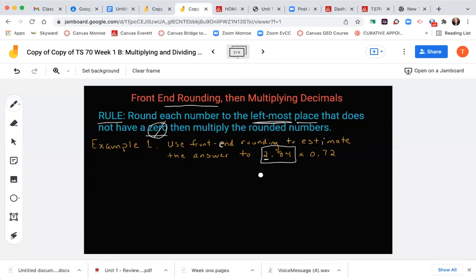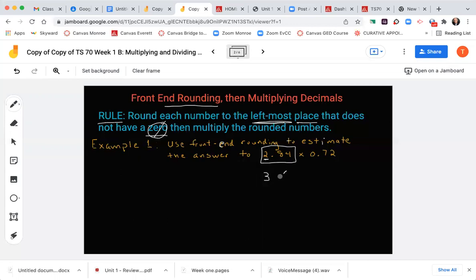So step 1 when you're rounding is always to underline the place you're rounding to. Step 2 is to look at the number to the right, which is an 8, and ask yourself, is this number to the right 5 or more? If the answer is yes, you round up your original place by 1. So 2.84 becomes 3. Everything else is just zeros after that place that you're rounding to.